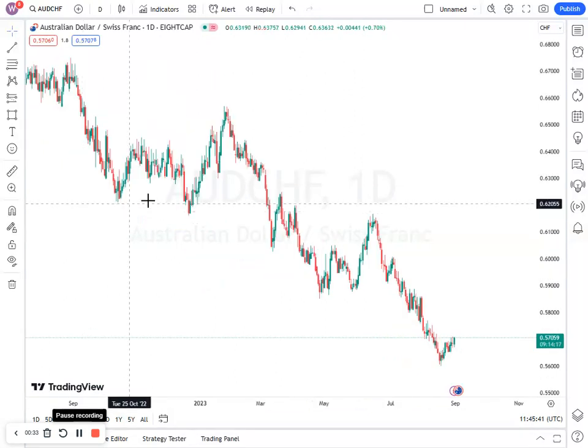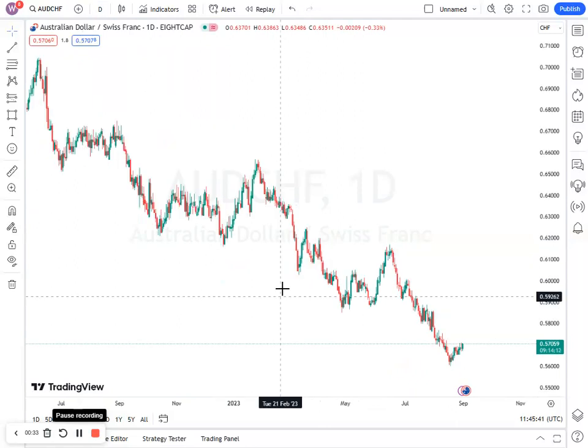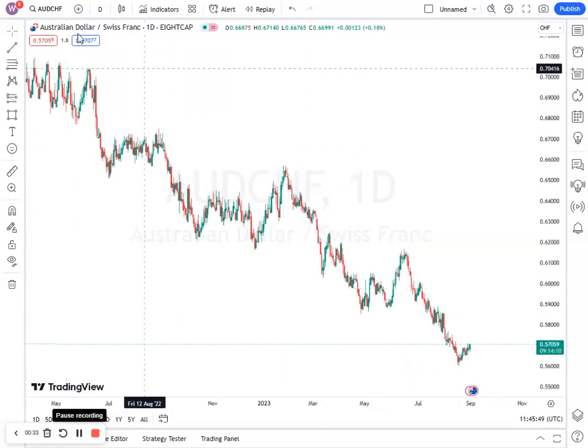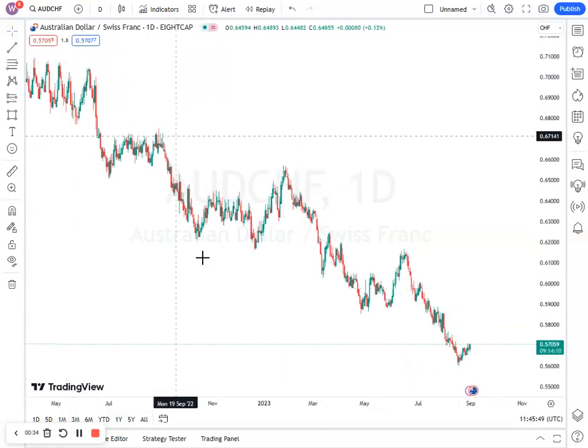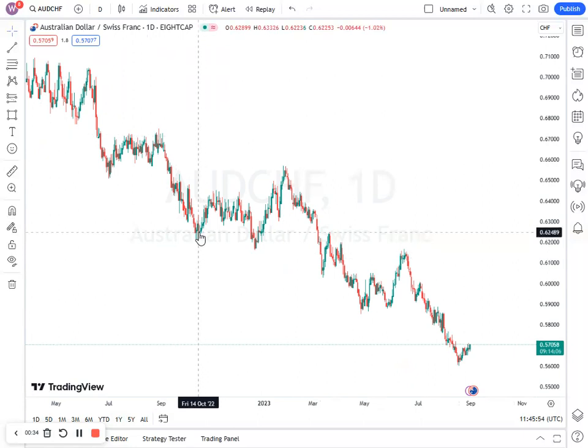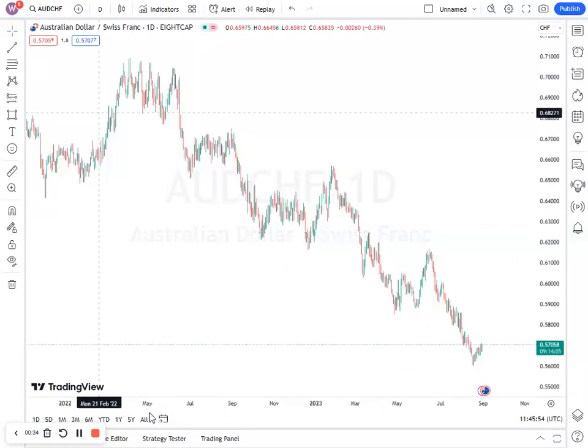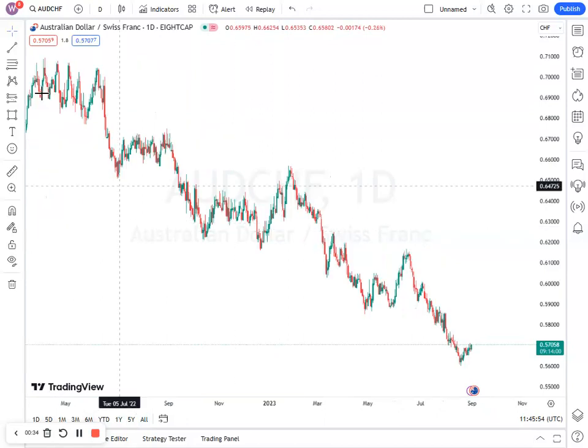Firstly, we'll be starting with the daily time frame. We can see that this AUD Australian dollar Swiss franc has been dropping massively since 2022. We have this massive down move.